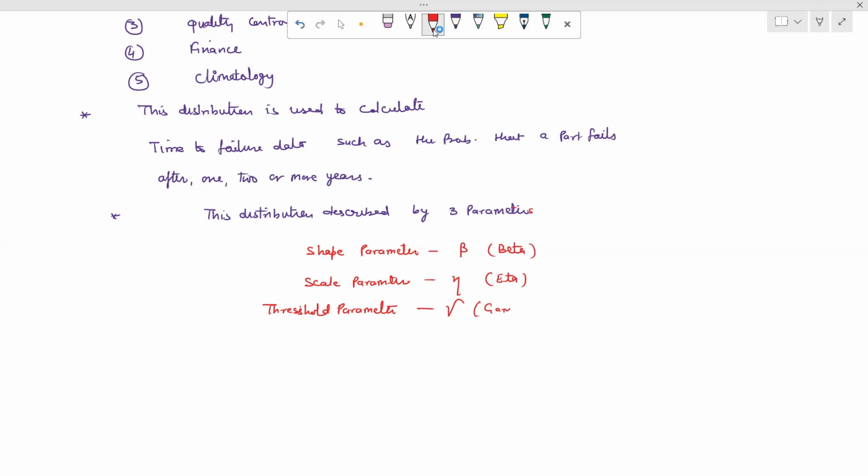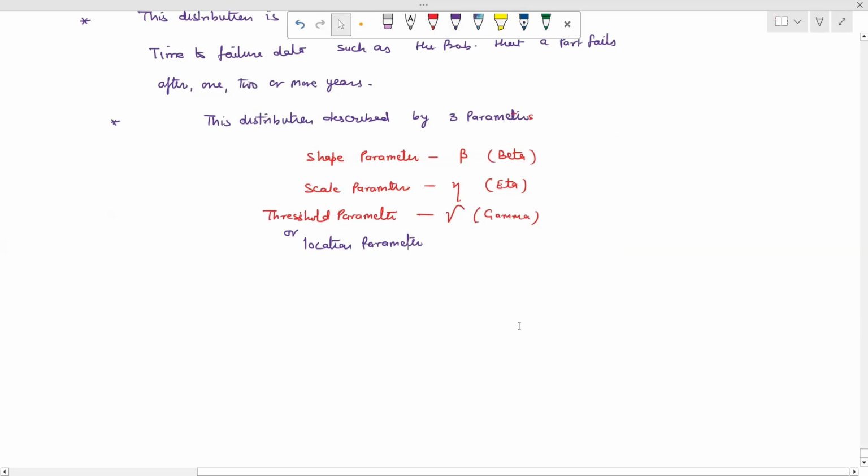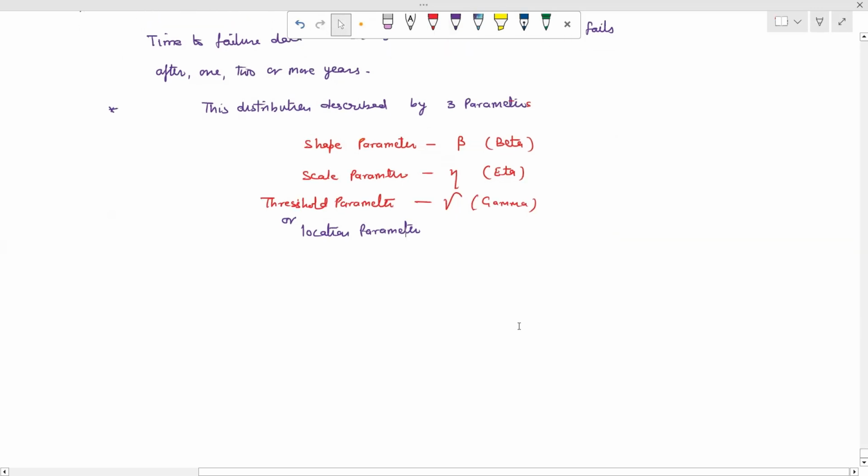This threshold parameter is also called the location parameter. So these three parameters we use in the Weibull distribution.